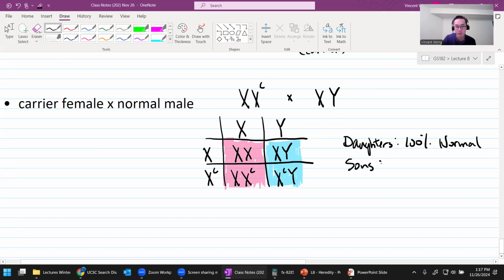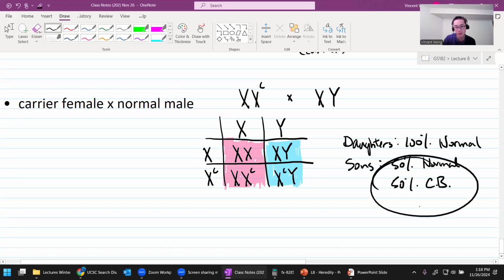For the sons, remember we're only looking at the sons, just the blue stuff. 1 out of 2 sons, or 50%, will be normal, but there's a 50% chance for the sons to have color blindness. This is an X-linked recessive trait. Males are more affected than females.